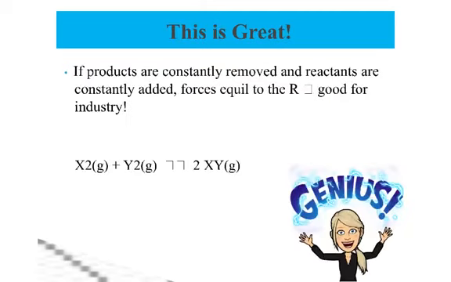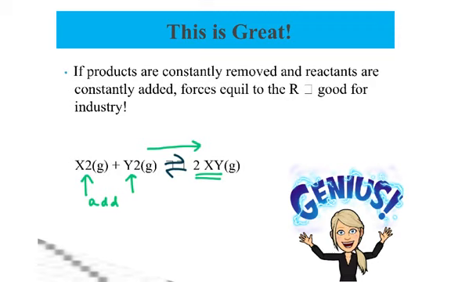This is really good for industry because this is one of the ways that we can actually use to manipulate equilibriums. So if we have a look at the example at the bottom here, X2 and Y2 in equilibrium with 2XY, if I were constantly dumping reactants into my vessel, the equilibrium will try to get rid of it, which means I make more product.